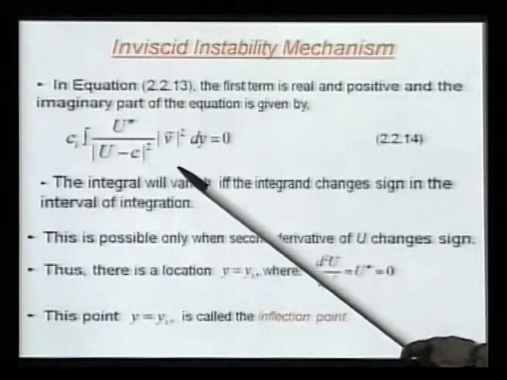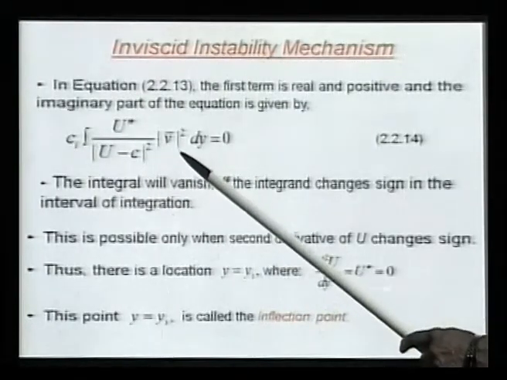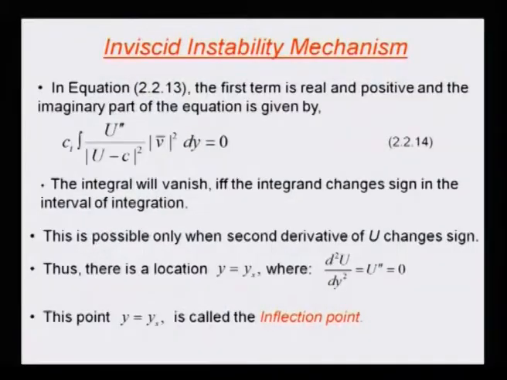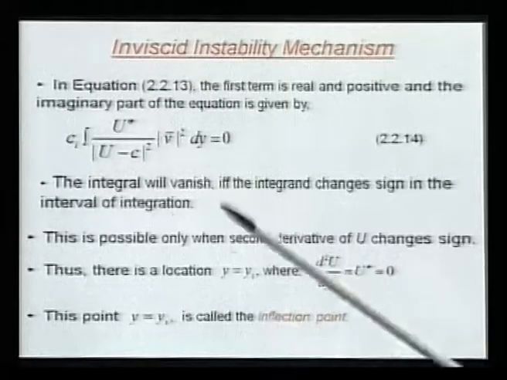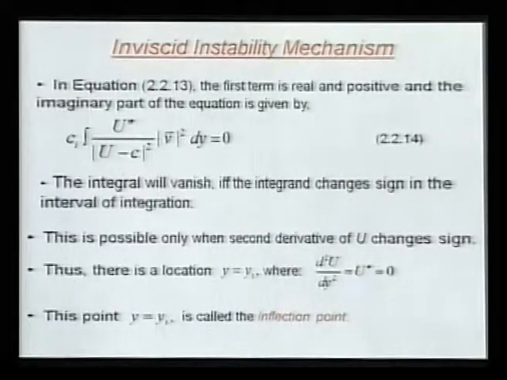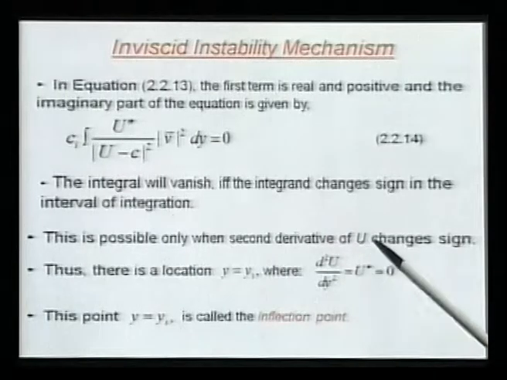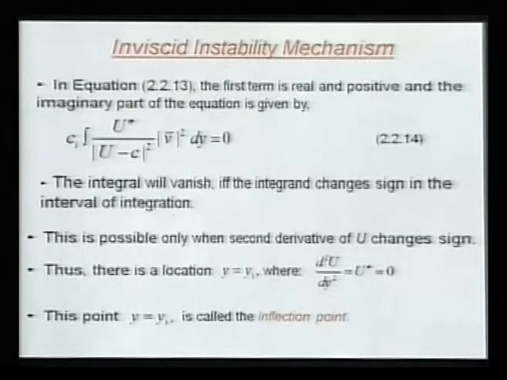Whenever this integral does not yield a value of 0, then Ci has to be equal to 0, right. So, that is what we are saying, that this integral will vanish when the integrand changes sign in the interval of integration, and this is possible only when the second derivative of u changes sign.